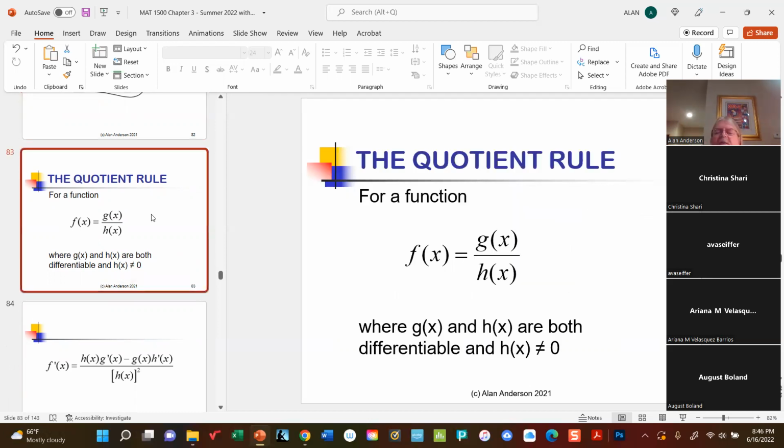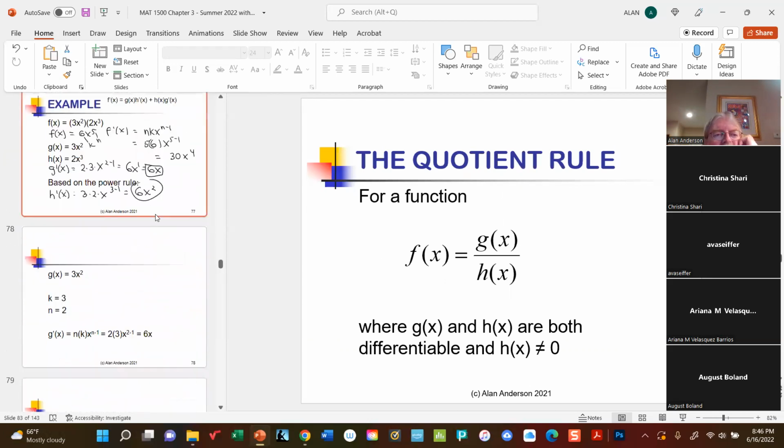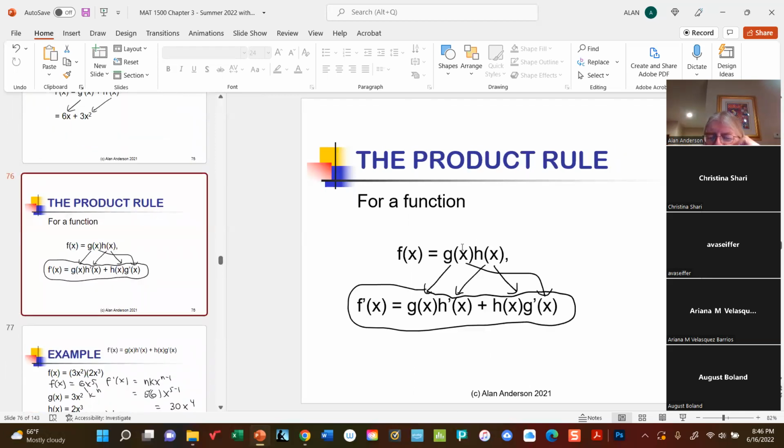So if we assume that f of x is the ratio of two functions, and by the way, I didn't mention this before, but it's understood that when we try to apply a rule like this, we're assuming that both g of x and h of x are themselves differentiable. In other words, the limits of their derivatives exist. Otherwise, none of this is going to work. Okay, so just remember, we're making that assumption when we use these rules that these functions are in fact differentiable.